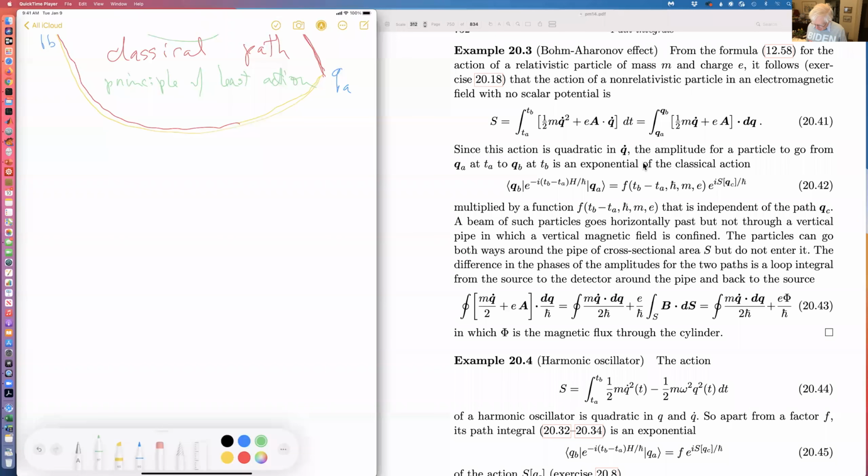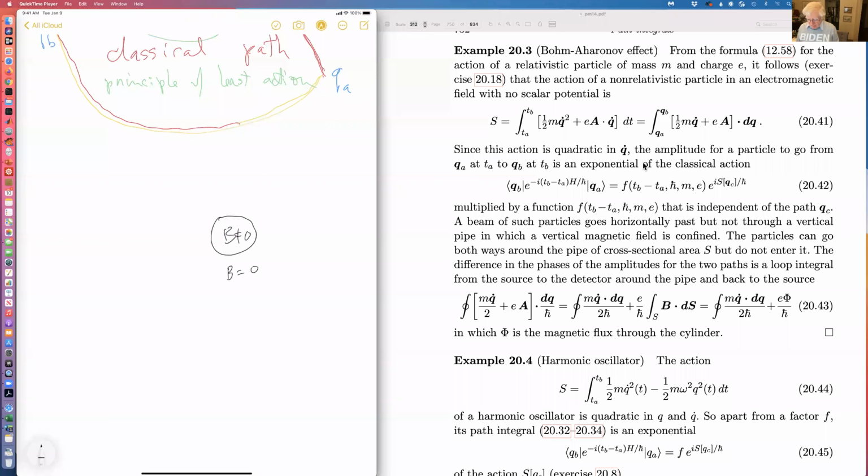So there, what we're talking about is you have a cylinder with a magnetic field inside it, but it's a solenoid. So the magnetic field's inside it, pointing up, say, so in here B is not equal to 0, out here B is equal to 0.